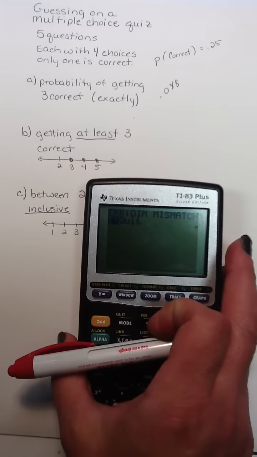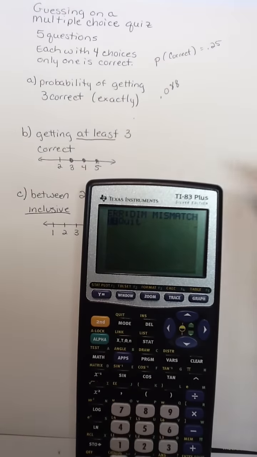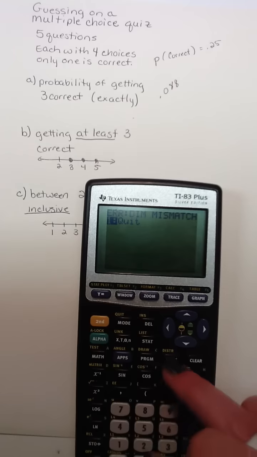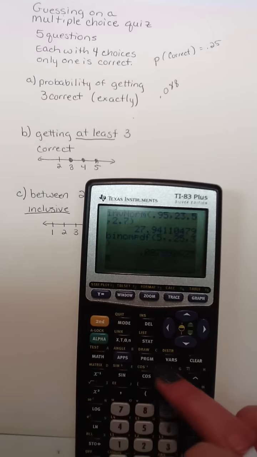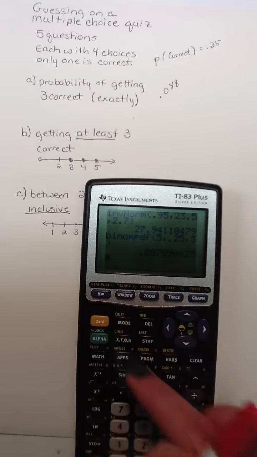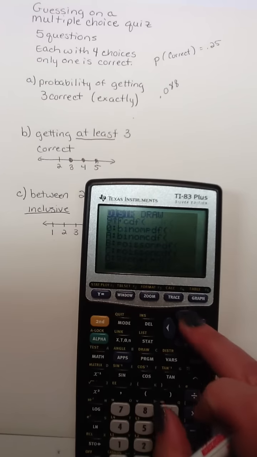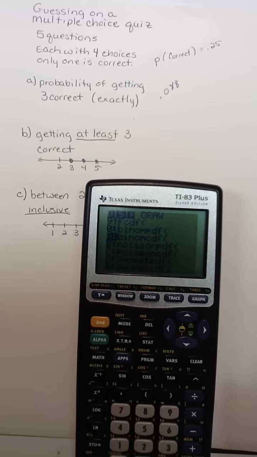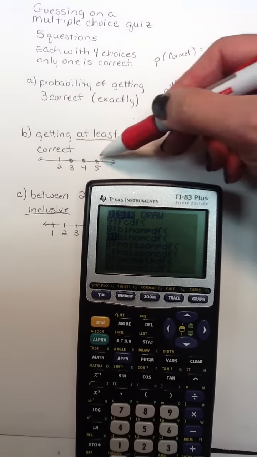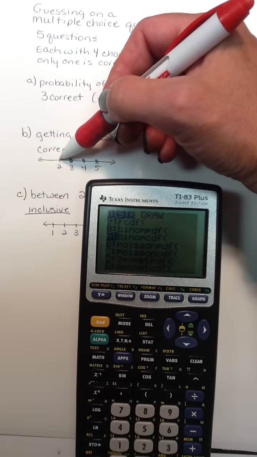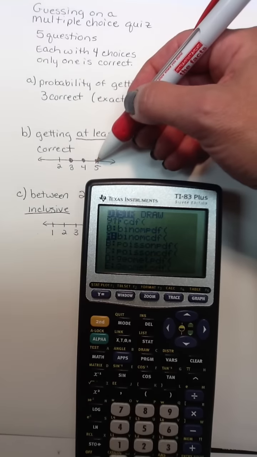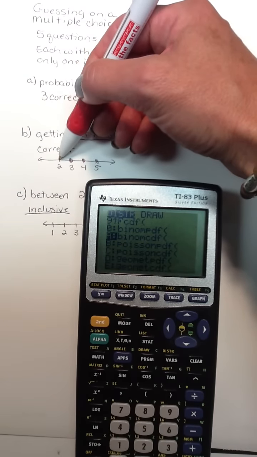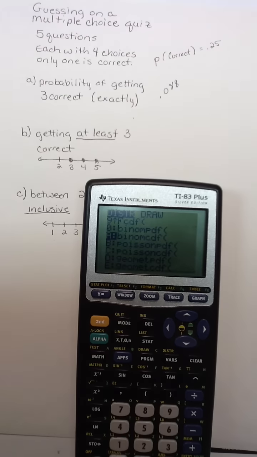So since I have this function that does the binomial cumulative distribution, I'm going to go to second distribution, and I can actually use this cumulative function to figure out what this is merely by calculating it for 5 and below and then subtracting out 2 and below.